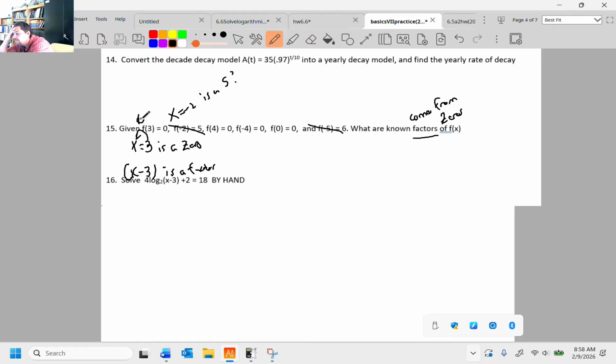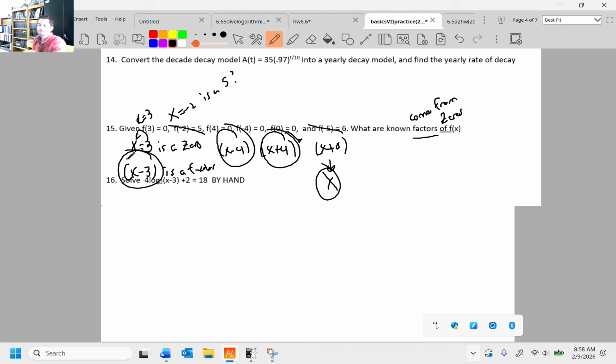So we're taking the x value and changing the sign to become a factor. This one would be x minus 4. Change the number, change the sign. This one would be x plus 4. And this one, you could write as x plus 0, but you're just going to say x. So 1, 2, 3, 4 factors, because there were 4 things that equal 0.